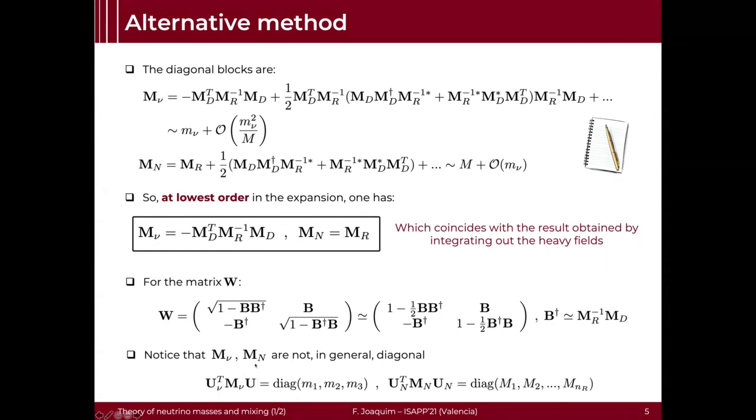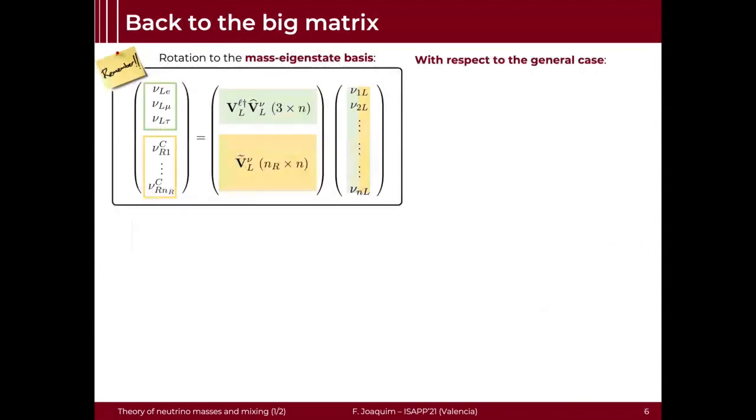So this we have seen already last time. When you diagonalize M nu, you get the light neutrino masses, and when you diagonalize Mn, you get the heavy ones. Okay. So what about the full matrix, which actually characterizes the mixing between the neutral fermions, and also the mixing between the charged leptons and the neutrino mass eigenstates?